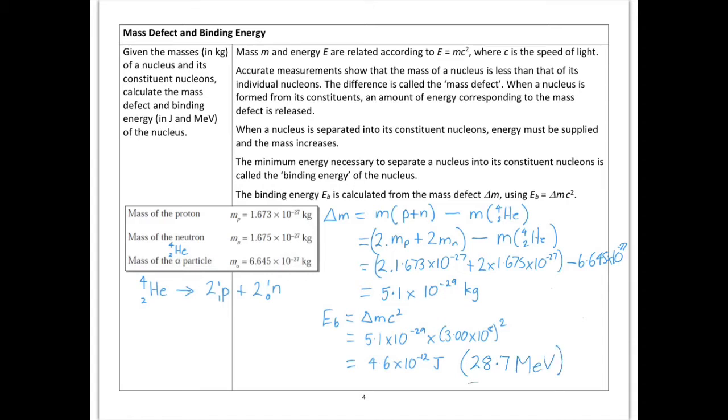So that's a huge amount of energy to come from one single nucleus. Or we would need to put in, in this case, a huge amount of energy to split this nucleus into its constituent protons and neutrons.